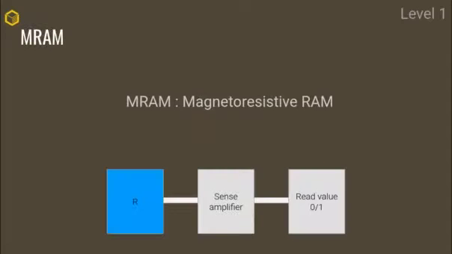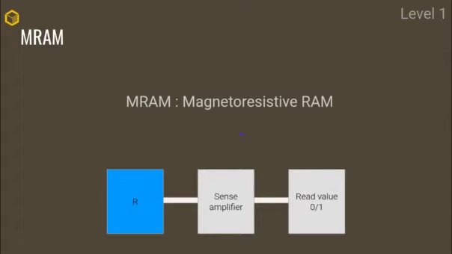Let's go to MRAM. So let's start simple. MRAM, also called magnetoresistive RAM. We'll go into detail on why we use these terms later. It works by storing a value as a resistance. So based on the value of the measured resistance, you would either have a logical high bit or a logical low bit.